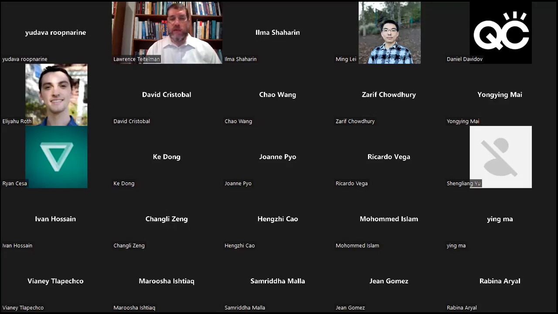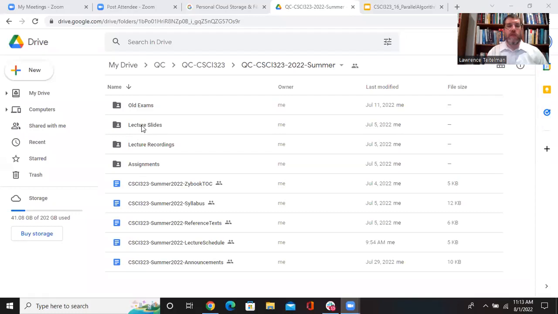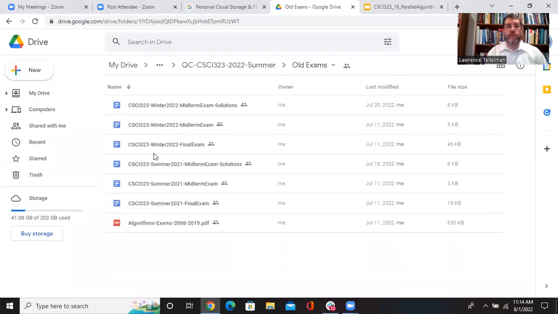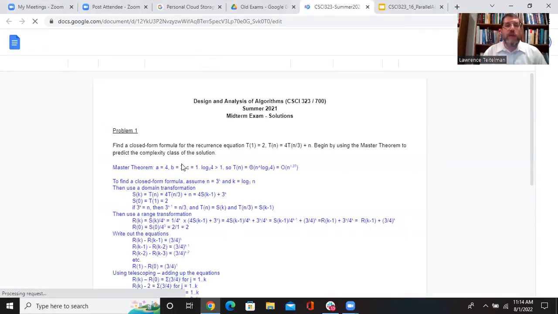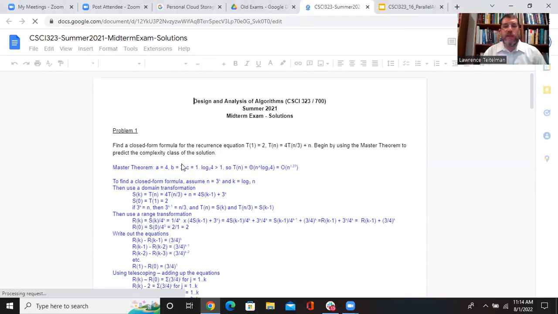All right, did I unshare my screen? I think I unshared my screen. No, I did unshare my screen. Okay, can someone tell me, is this the one that we did or the one that we didn't do?